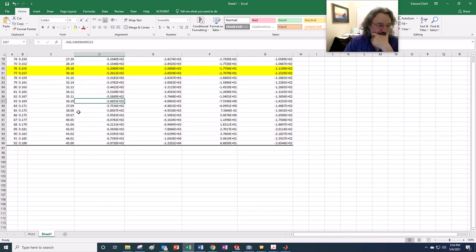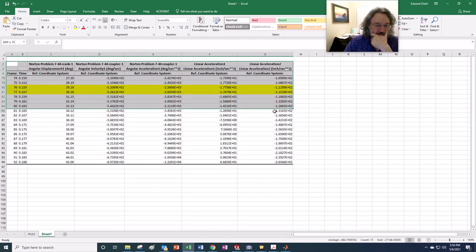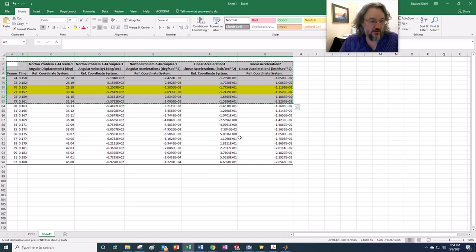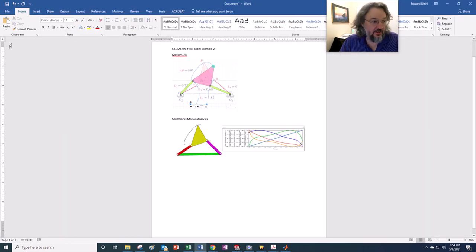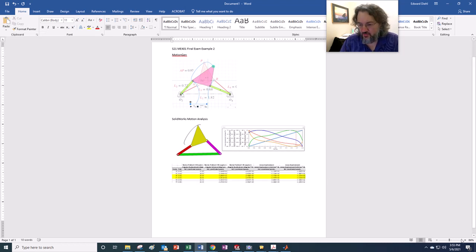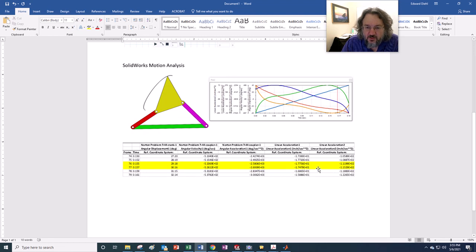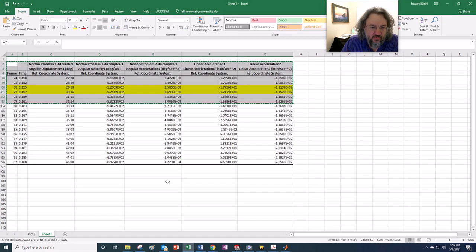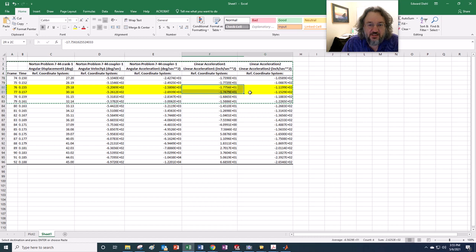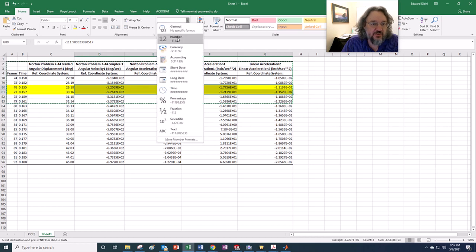So I'm going to hide some of these just so I can get this right here and copy and paste it into here, and I'm going to paste it as a picture, very small. I don't know if anybody can actually read that. But let's see. So what we expect to get out in the x direction, I might even turn these into numbers instead of the scientific.